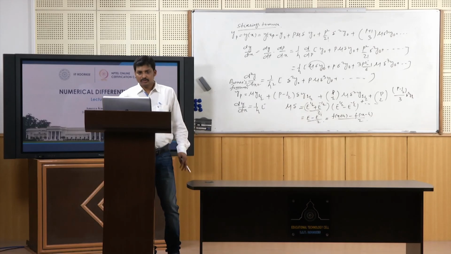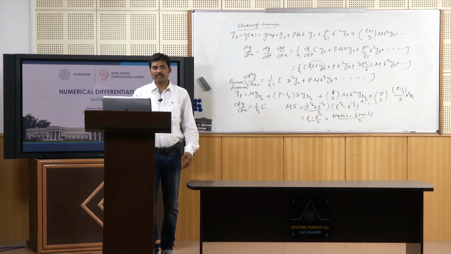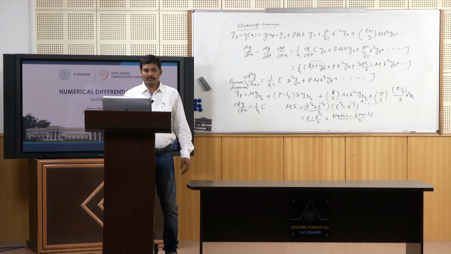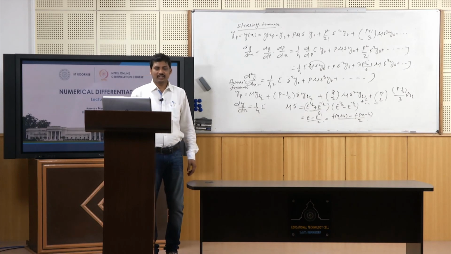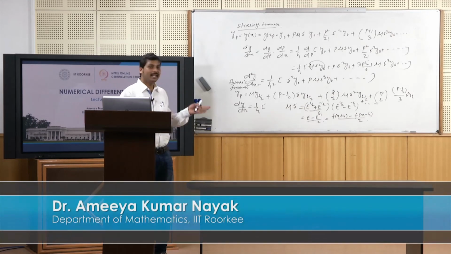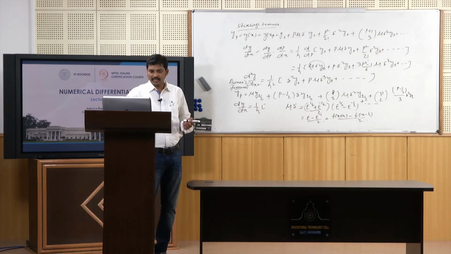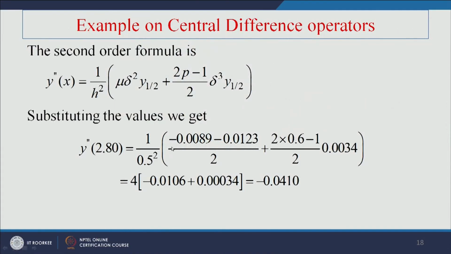then we obtain the first order derivative at 2.80 as 0.1676. For the second order formula, it is in the form of 1 by h square, mu delta square y of half plus 2p minus 1 by 2 delta q y of half. Since we have already obtained h as 0.5, this can be written as 1 by 0.5 whole square.